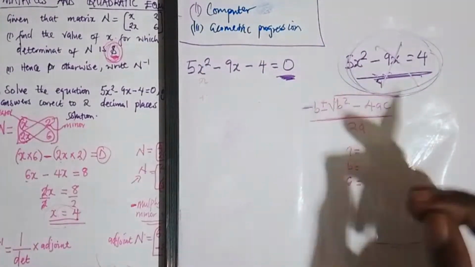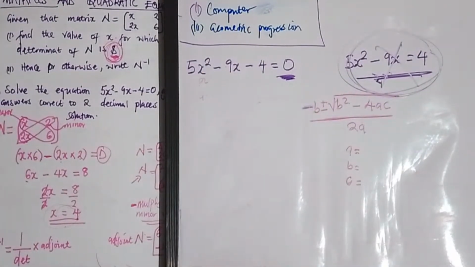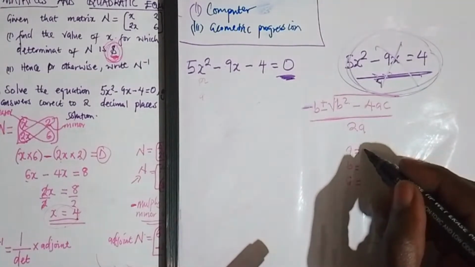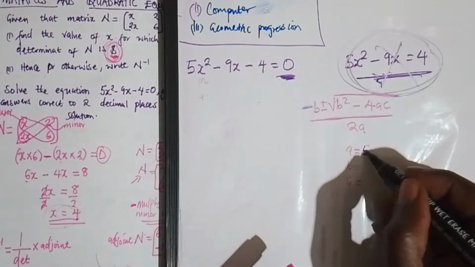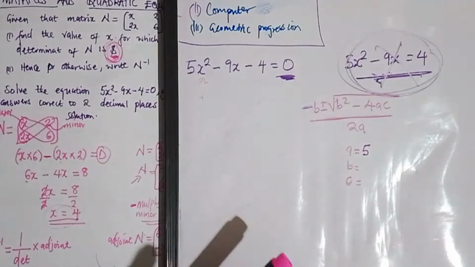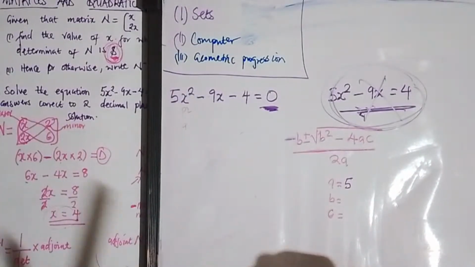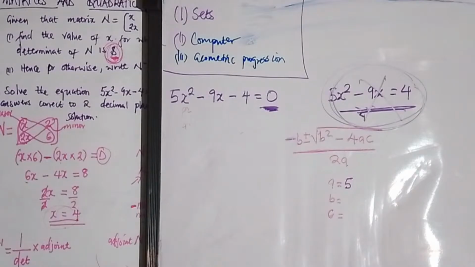Just remember that whenever you see a number accompanied by x squared, that should represent A. So in our case, it's positive 5.